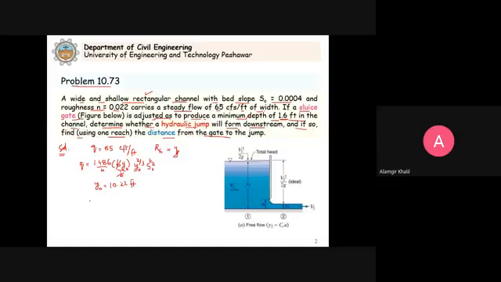Next we can calculate the critical depth. Because we have a rectangular channel, the critical depth yc is equal to q square divided by g, to the power 1 by 3.